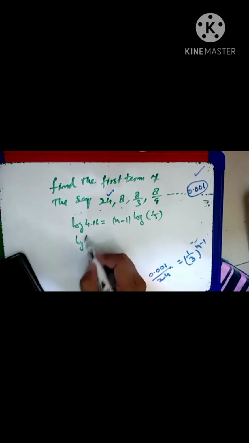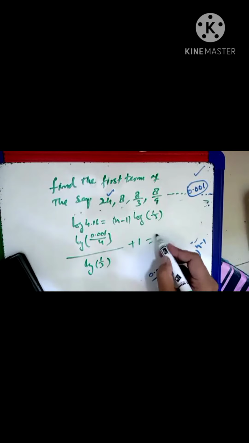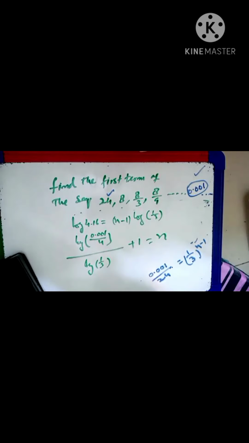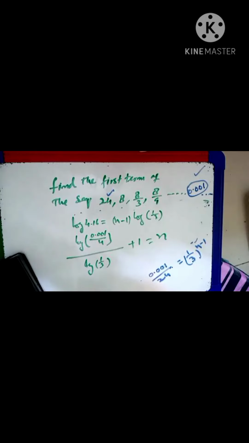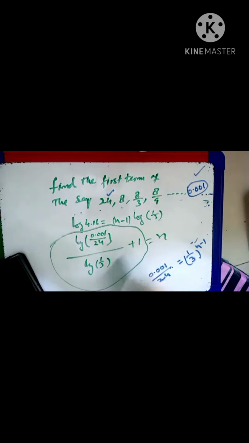Log of 0.001 divided by 24, divided by log 1 over 3, plus 1 equal to n. This I want to say. Isn't it divided by 24? Sorry, 24. Yes, type this all. Type this one in your calculator and tell me what's the answer. First divide these two, then plus 1.